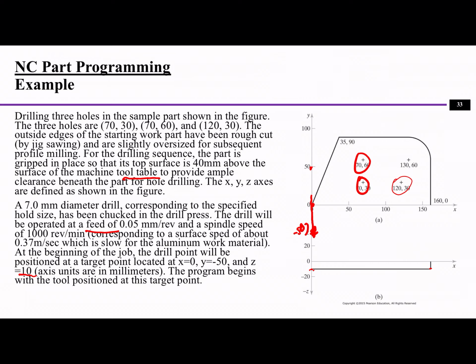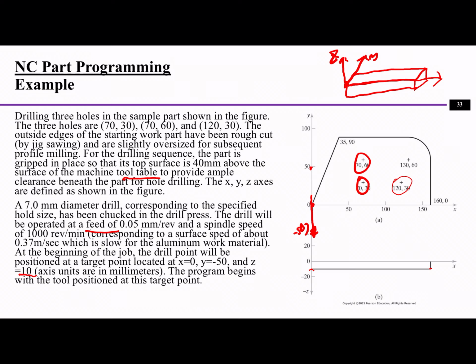Because in a coordinate system, when we have a workpiece, we usually define the coordinate system using the top surface, either this one or here. This will be the x, this is the y, and this will be the z.